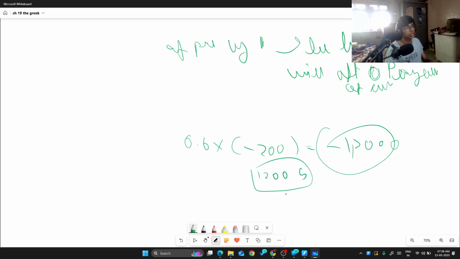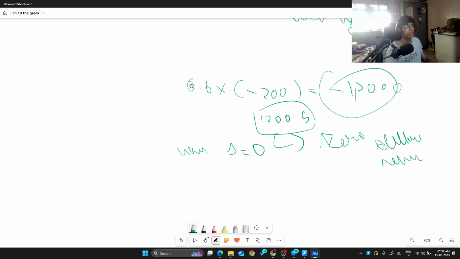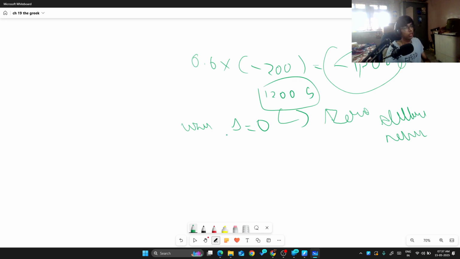and this position is called delta neutral. Delta of 0 is referred to as delta neutral, where the delta value is 0. And yes, sometimes, let's say the price today is at 100.